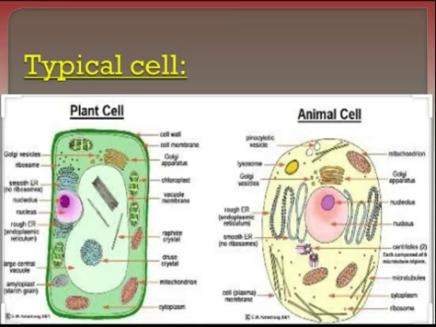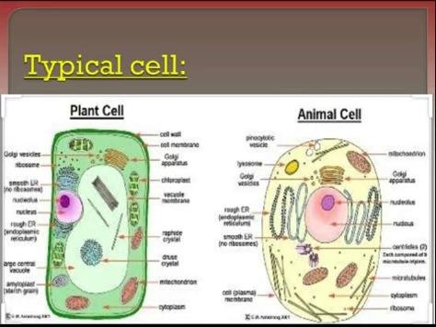The typical cell has a variety of parts. The basic components of the typical cell are the nucleus, cell membrane, cytoplasm. In a typical cell, we see all the cell organelles. The typical cell provides a way to study cells.